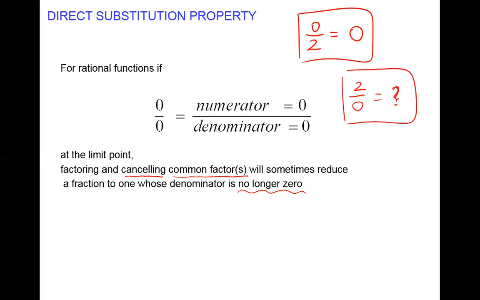We have to investigate further. Or, of course, 0 over 0, we also have to investigate. That's why please remember, as soon as we have 0 in the denominator, we do have extra work to do. Let's try to find a common factor, cancel out, and see what the output is.